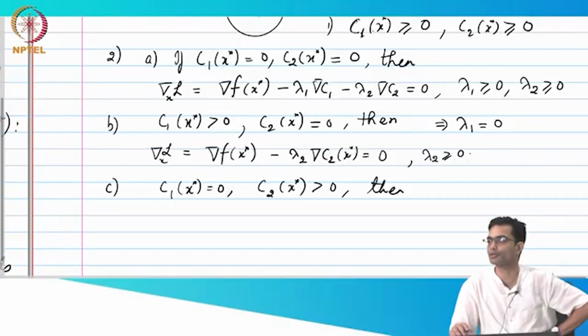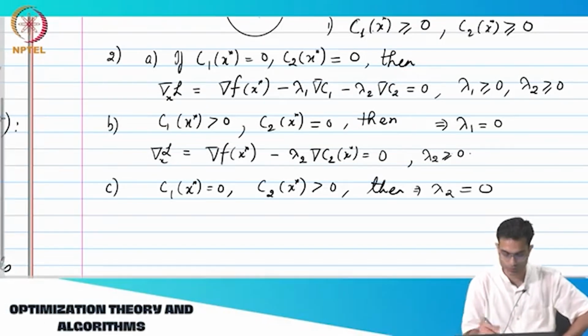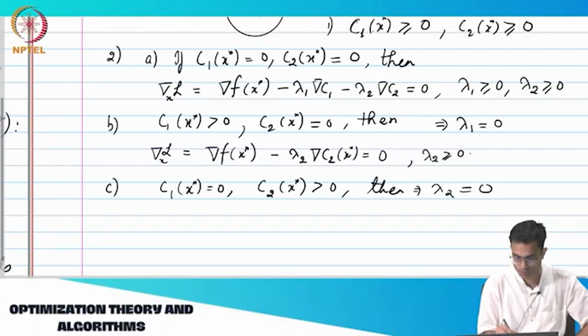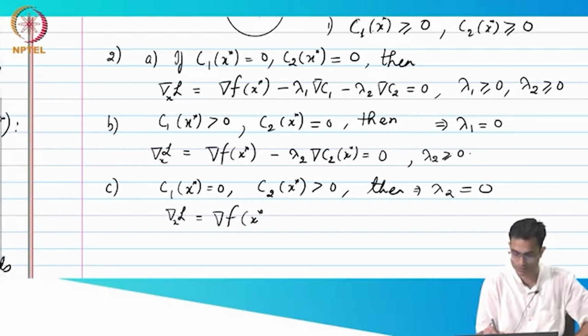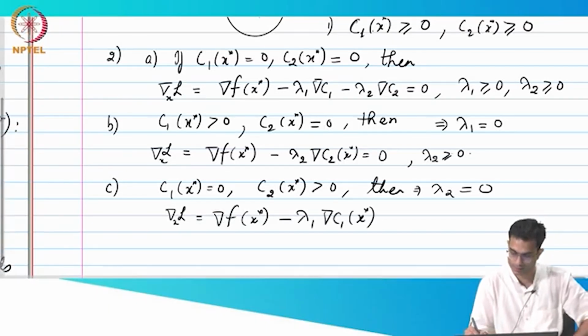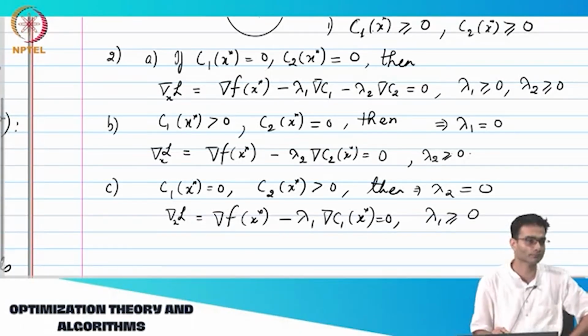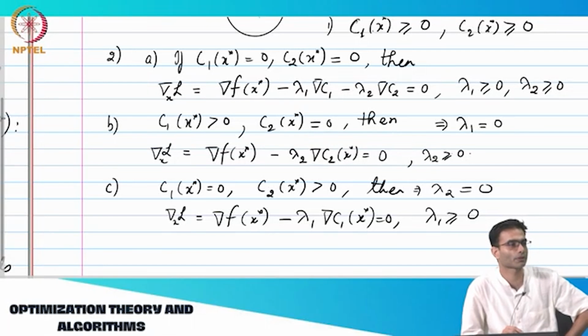Lambda 2 goes to 0 because of complementarity, right? So lambda 2 equal to 0. Gradient of the Lagrangian has to be 0, so this will simply be grad f x star minus lambda 1 grad c1 x star equal to 0 and lambda 1 greater than or equal to 0. This is what the theorem statement says.